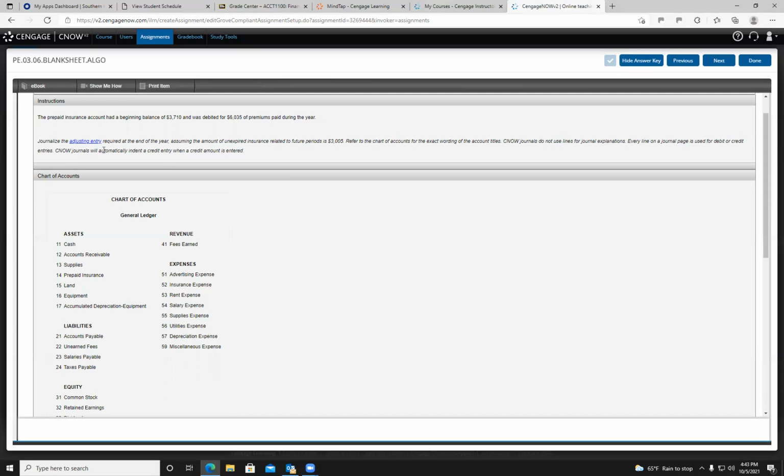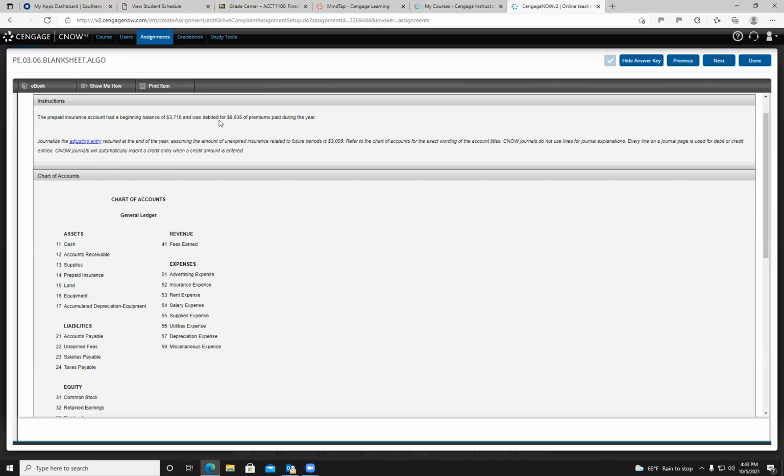So how much are you going to journalize as your adjusting entry to show how much of the insurance premiums had expired, meaning it went from being a prepaid expense to an actual expense? We started out by adding these two numbers together because that was our beginning balance and that was additional debits to the prepaid expense account.